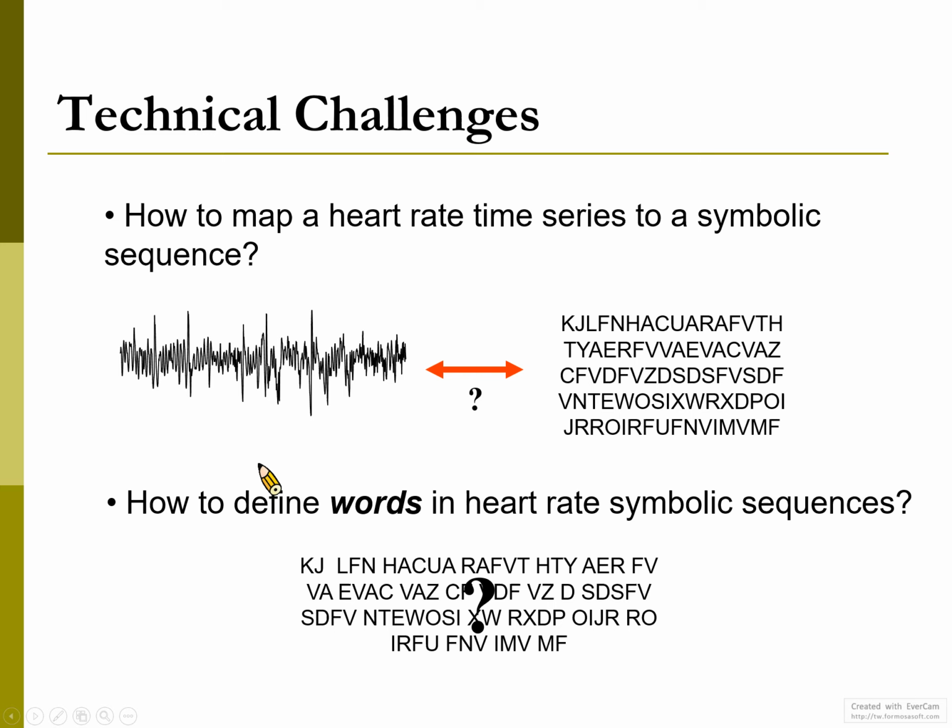We cannot just use the raw heart rate data because there are too many patterns. How about we simplify these patterns into a symbolic sequence? Can we translate these heart rate patterns into a kind of symbolic representation? In that case, we need to define the words of the heart rate symbolic sequences.